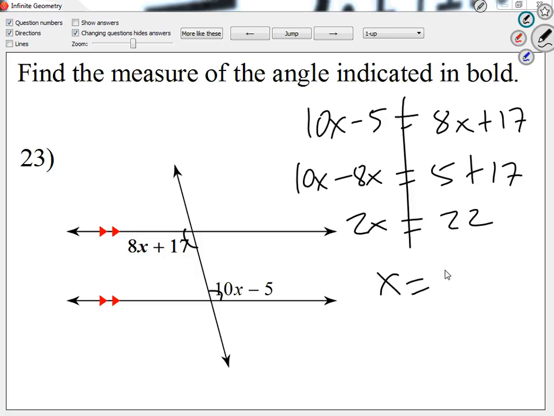So x equals 11. And that was not the end in the last question. My question is, how much is 8x plus 17? Alright, x equals 11. So how much is 8 times 11? 88. 88 plus 17? 105.